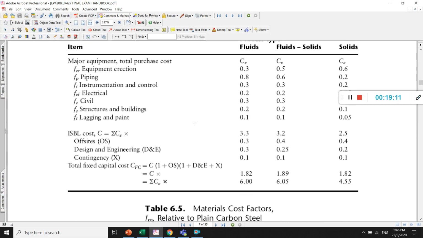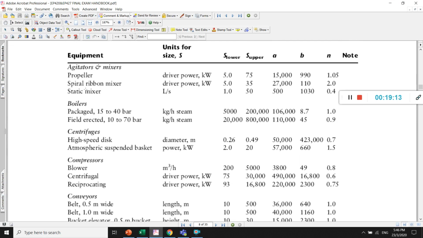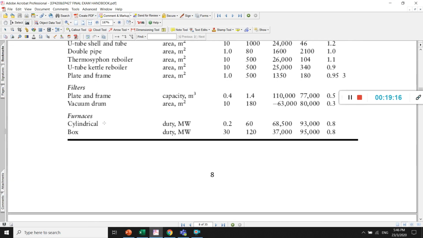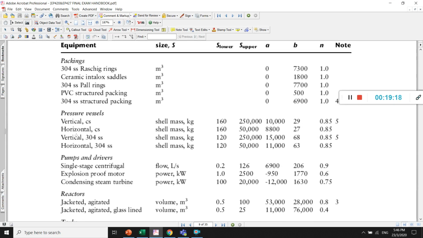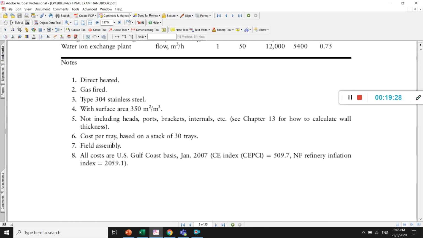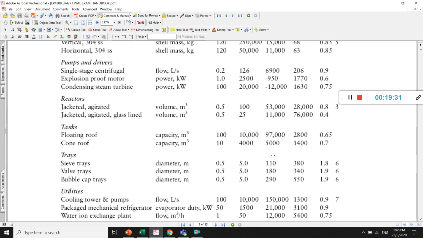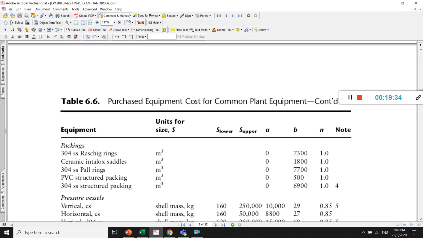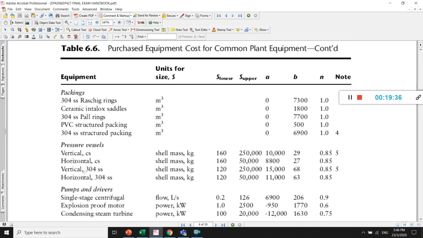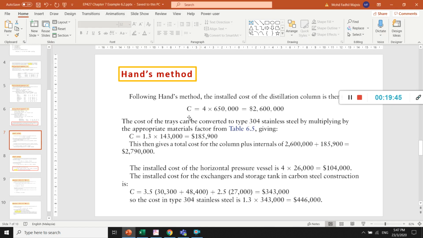What we referred to previously was vertical 304 stainless steel, note 5 here. What is note 5? Even though it's not mentioned in the notes, it's mentioned here: vertical 304 stainless steel. So we directly take these values. That's why we don't have to convert it anymore. Hope you understand this. This is the tray here.